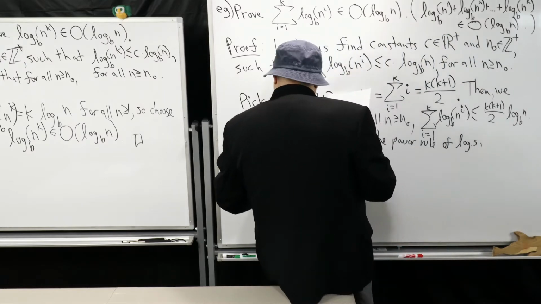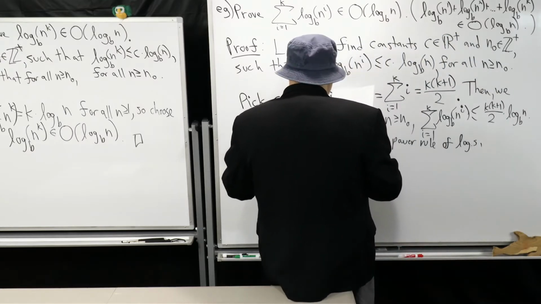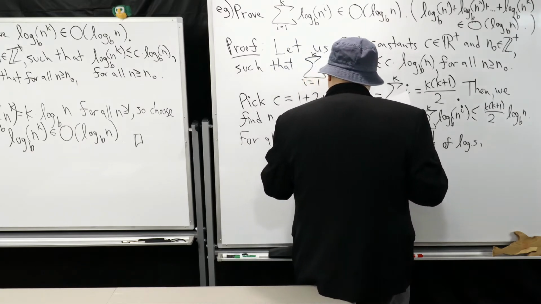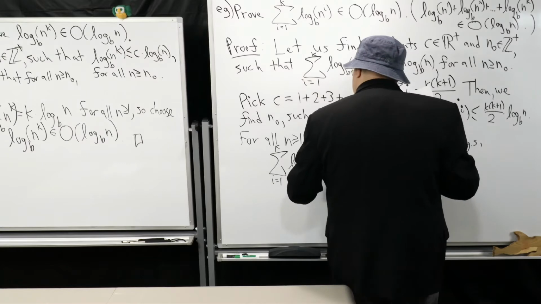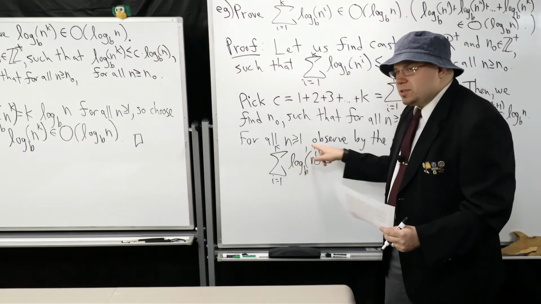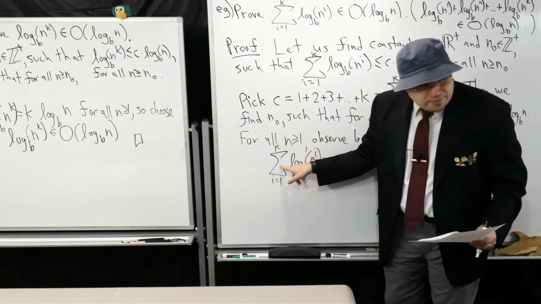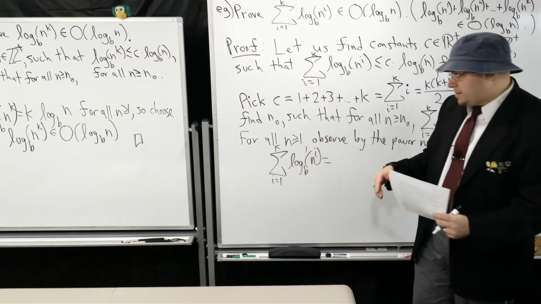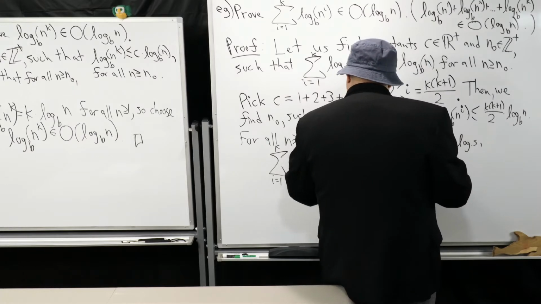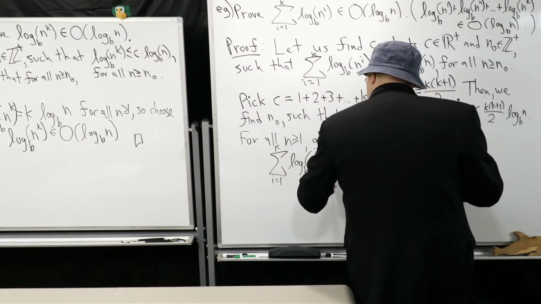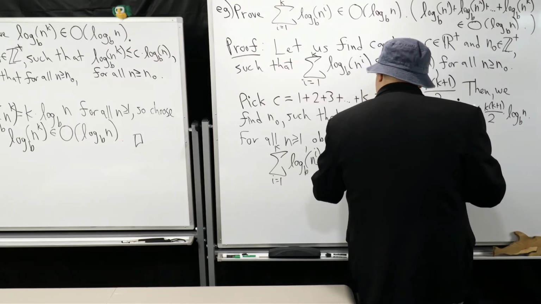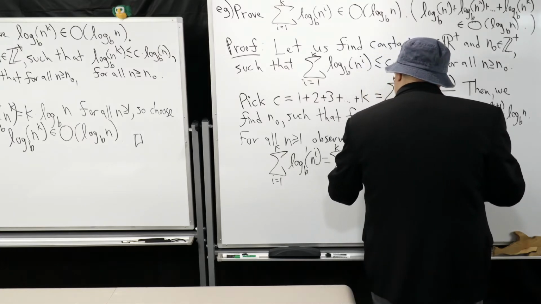The sum from i equals 1 to k of log base b of n to the i is going to be equal to what? What's inside of this sum here? Well, I can pull the i down in front of the logarithmic term, right? So I'm going to write it that way by the power rule. So I have i times log base b of n.